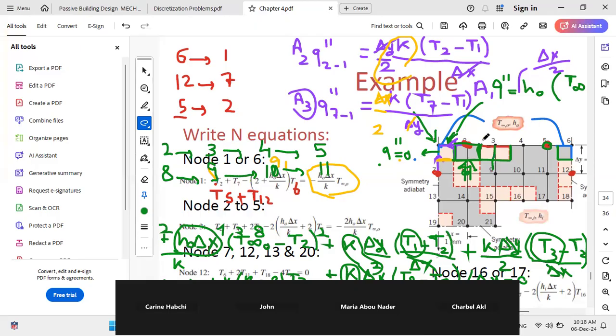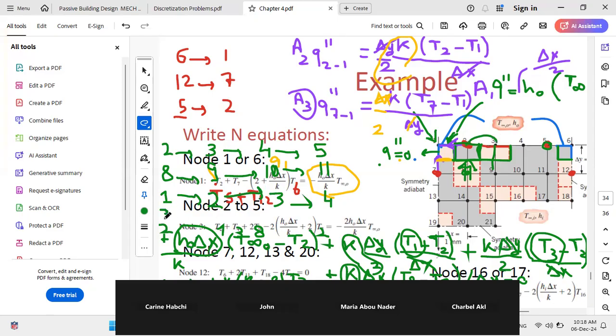Now, when I considered node 2, I have to take the point before and the point after. So I had here point 1, which is equivalent in cell 3 to node 2, in cell 4 to node 3, and in cell 5 to node 4, etc. And finally, here I considered the point just after, which is 3.